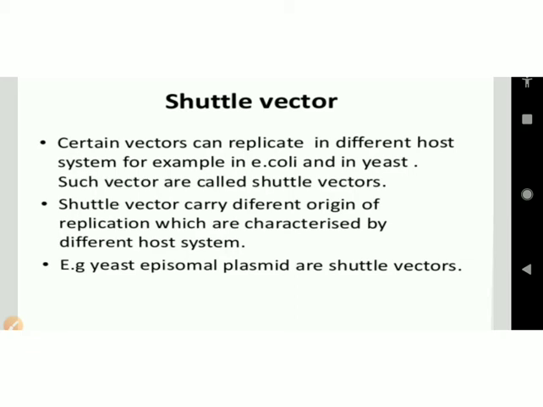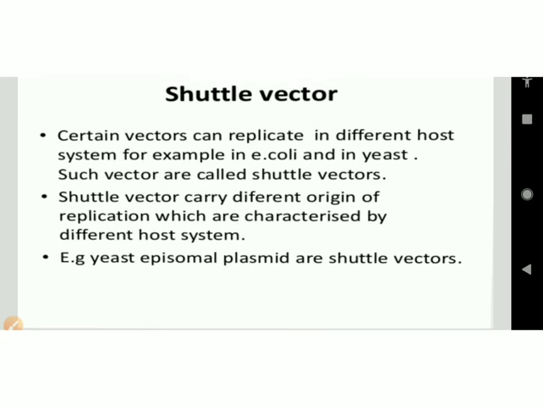Such vectors are called shuttle vectors. Means those vectors multiply or replicate in two different cells, like E. coli, yeast, prokaryotic, eukaryotic. So those vectors are called shuttle vectors.